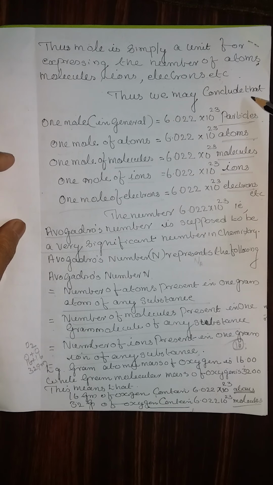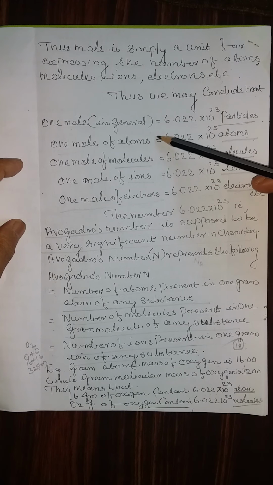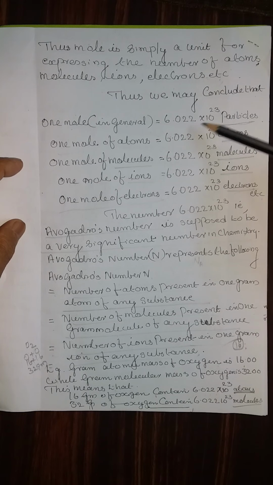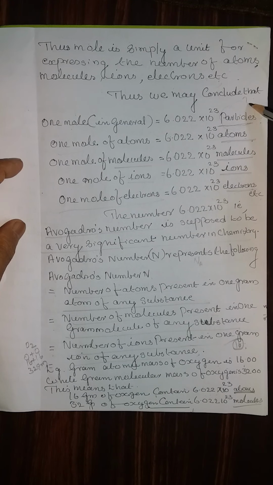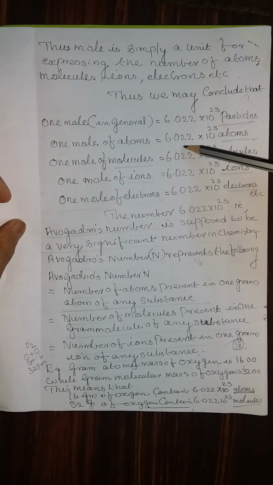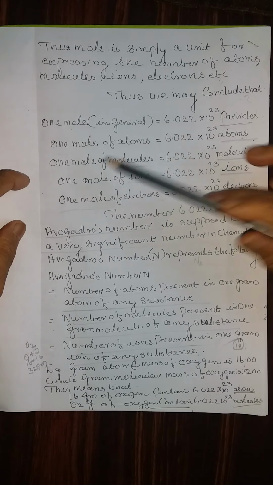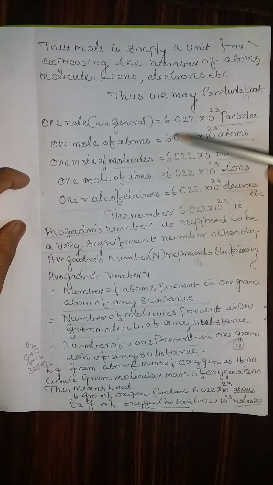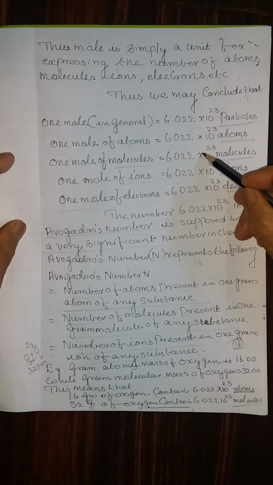Thus, we may conclude that 1 mole in general is equal to 6.022 × 10^23 particles. These particles, what they are, has to be mentioned. For example, 1 mole of atoms is equal to 6.022 × 10^23 atoms. 1 mole of molecules means 6.022 × 10^23 molecules.